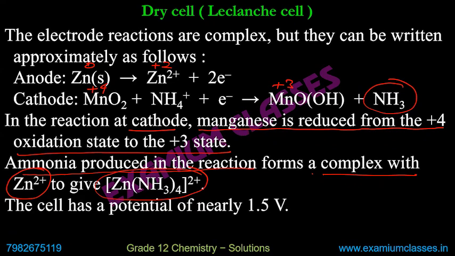The cell has a potential of nearly 1.5 volts. So whatever cells you have, AA size, AAA size, these have a potential of 1.5 volts.